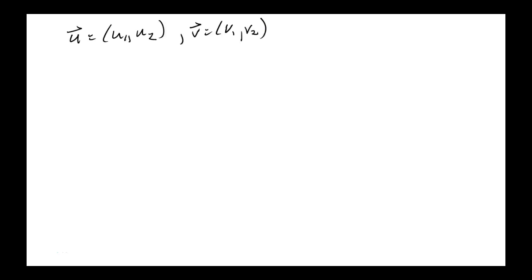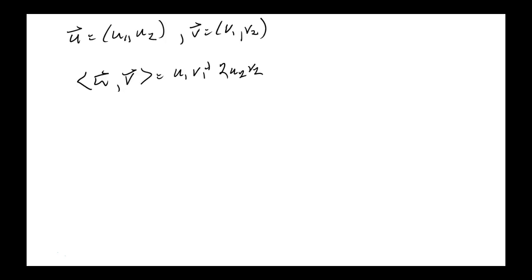Okay, u is (u1, u2) and v is (v1, v2). Now here's what they claim is an inner product: ⟨u, v⟩ would be u1 v1 plus 2 u2 v2. Certainly not a dot product.